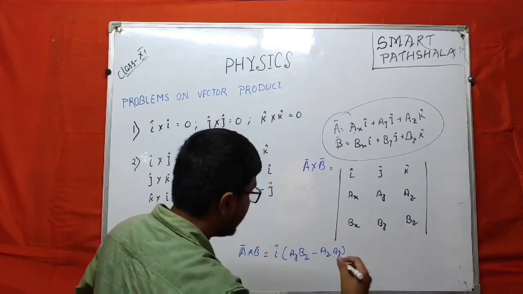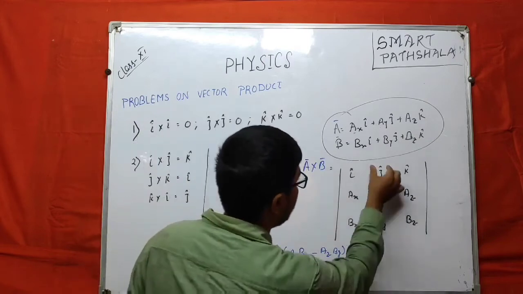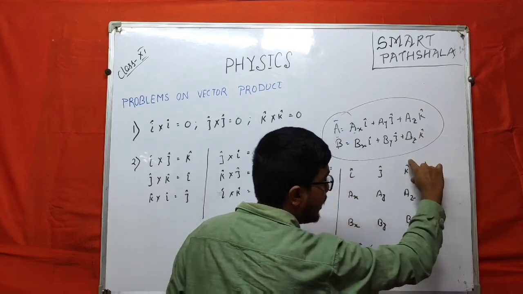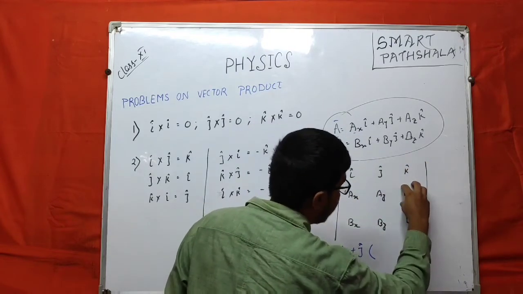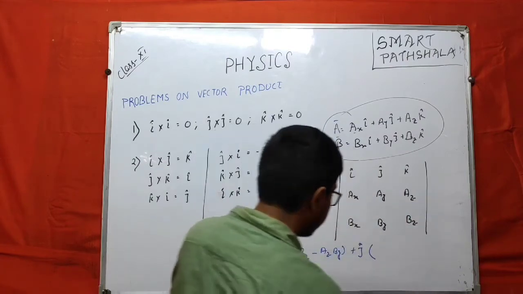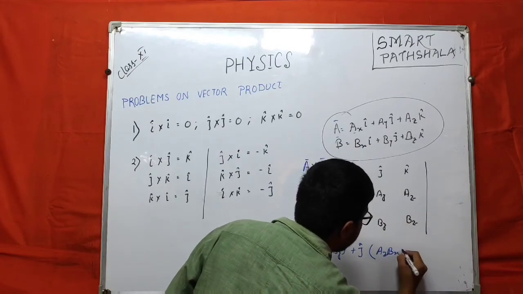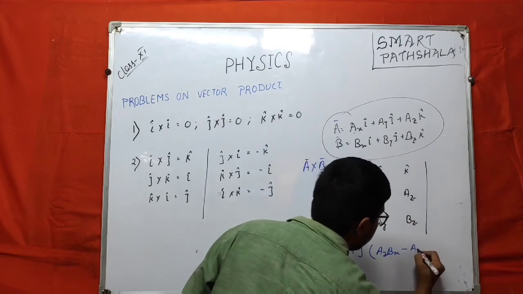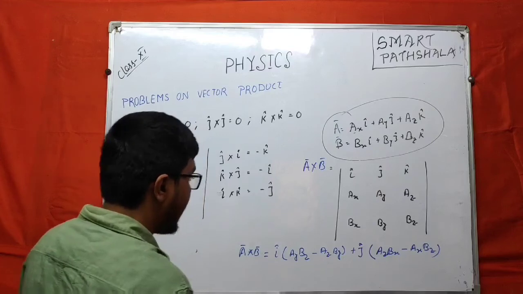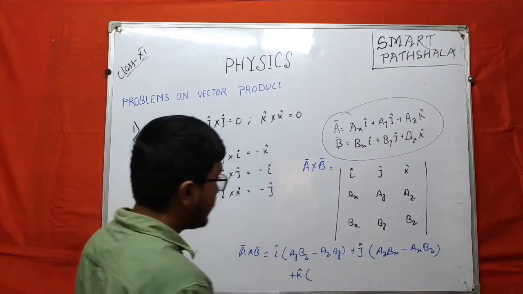Now plus J cap. In case of J cap, we will delete this column and this row. What is the remaining part? AZ, BX, AX, BZ. That is AZ BX minus AX BZ. Now, our third part, that is the K cap part.